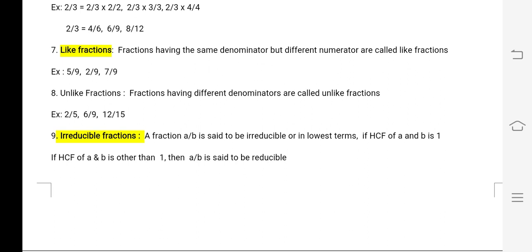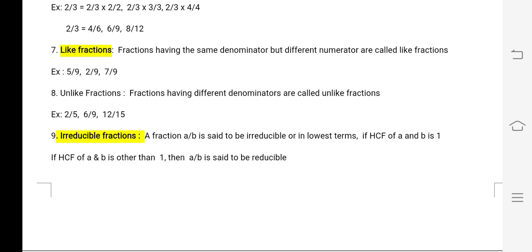Once again I can say, a fraction simply tells us how many parts of a whole we have. That is the proper definition. The numbers of the form a by b, where a and b are natural numbers, are known as fractions. Then we have numerator and denominator.